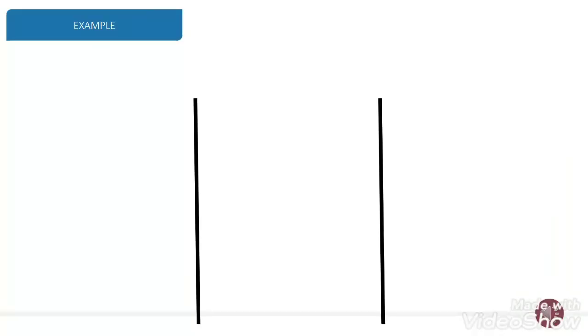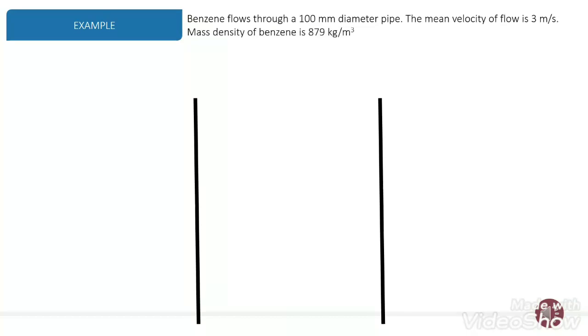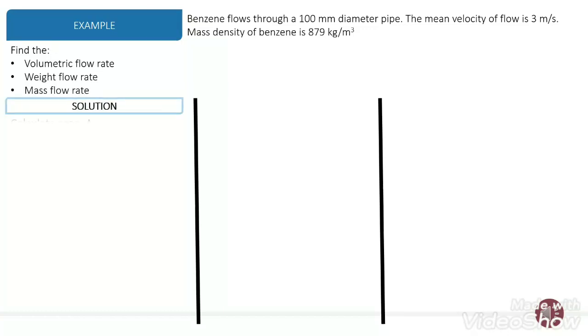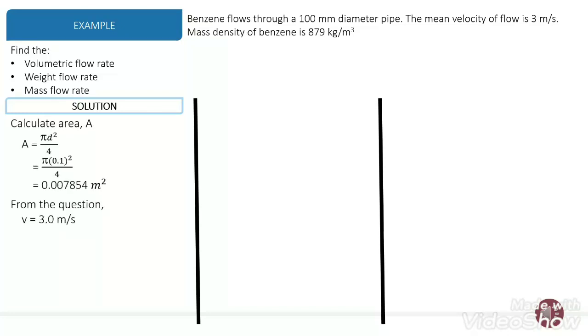For the first example, we have benzene flowing through a 100 mm diameter pipe and the velocity is 3 meter per second. The mass density is 879 kg per meter cube. Find the volumetric flow rate, weight flow rate, and mass flow rate. The solution is, first calculate the area and the velocity value from the question. Therefore, substitute all the values.